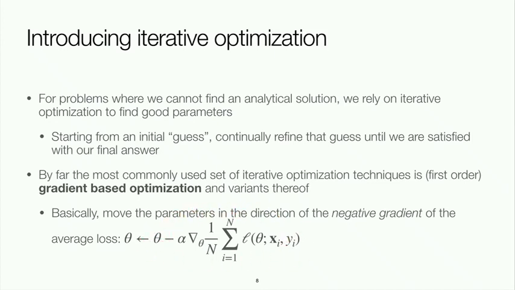We do that first. We take our parameters and move them a little bit in the direction of the negative gradient. And then we assign that to be our new parameters. And then we just repeat this update step over and over again until we feel like we found the theta that's actually the optimum, or close enough that we're satisfied.